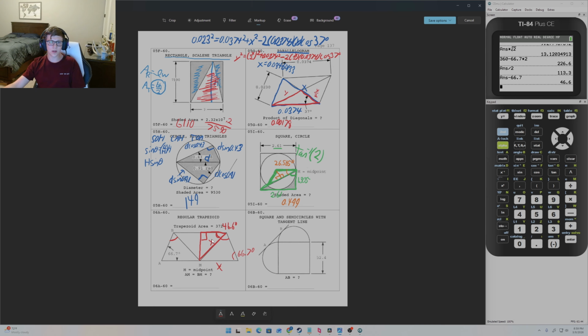So we could just call this side X sine of 46.6 degrees. And then this side must be X cosine 46.6 degrees. Okay? And then looking at the bottom triangle, I'm going to just split it in half.